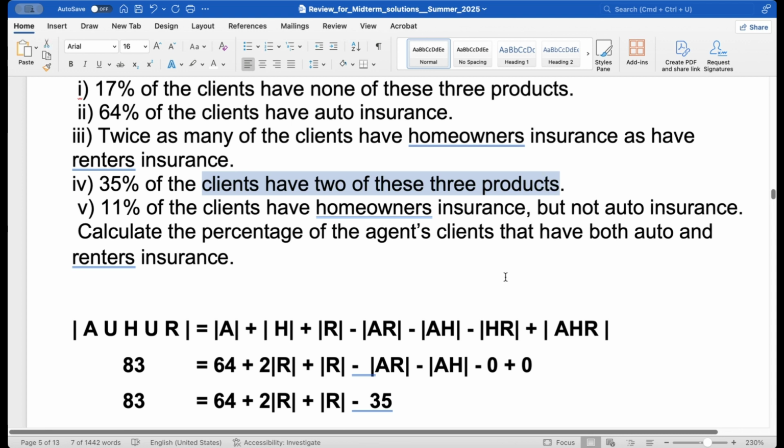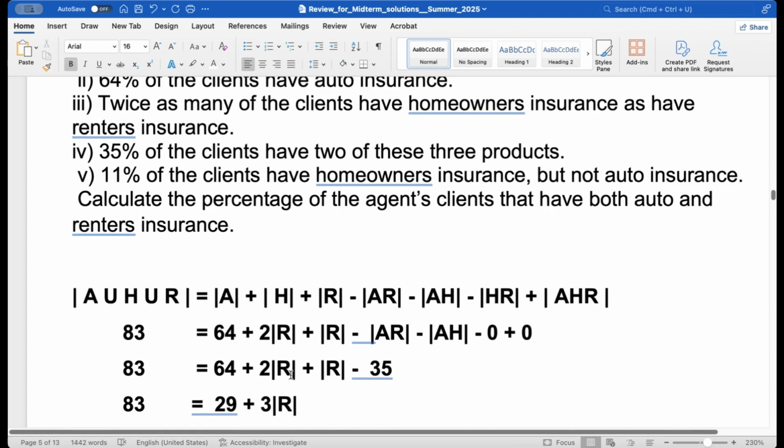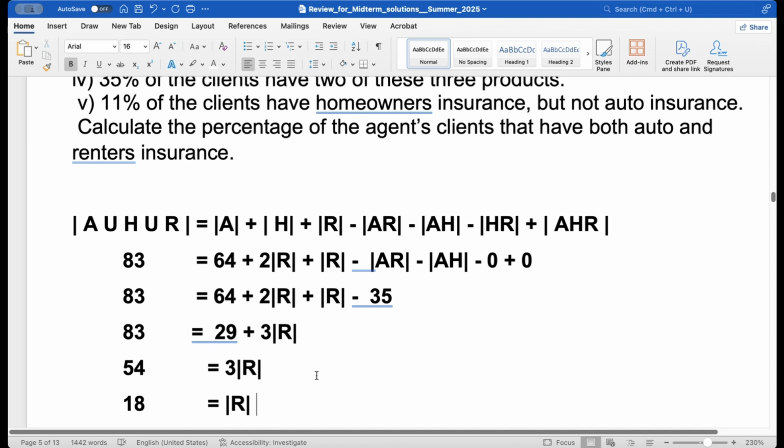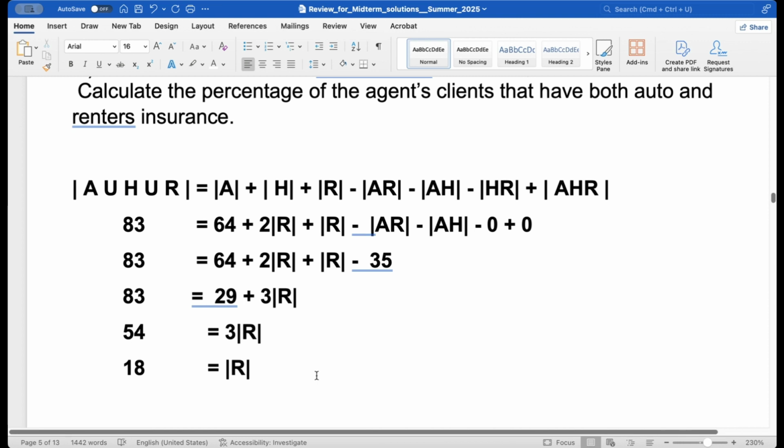So the only way that could happen, since homeowners and renters are mutually exclusive, is that 35 has to come from auto and renters and auto and homeowners. So those two total to 35. So combining, we get 64 minus 35 is 29. 2R plus R is 3R. Subtracting 29 is 54. Dividing by 3, we get that the number with renters insurance is 18. So 18 have renters insurance.